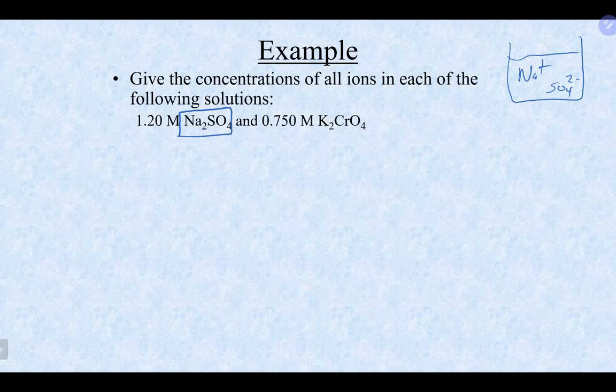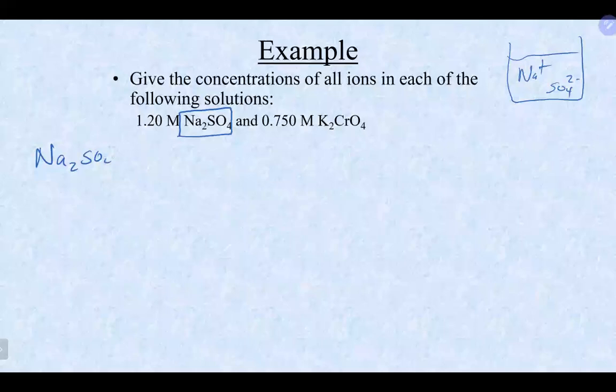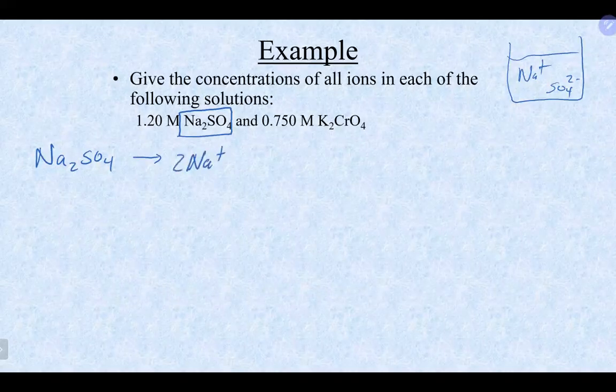So sometimes you may be interested, again, in just the individual ions that are floating around. We would want to start with how this thing would break apart in solution, and it would break apart into 2 sodium ions and a sulfate ion.